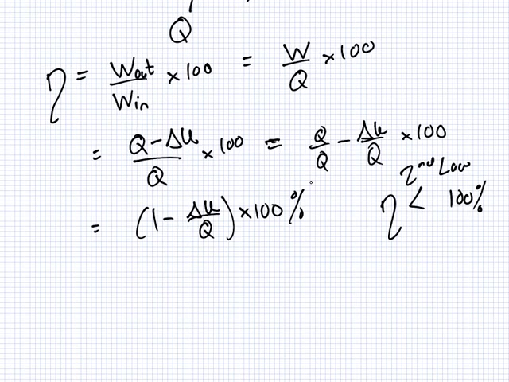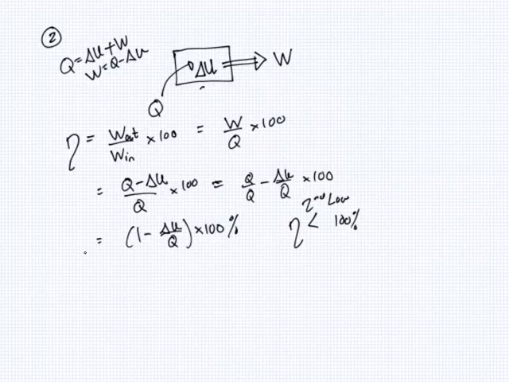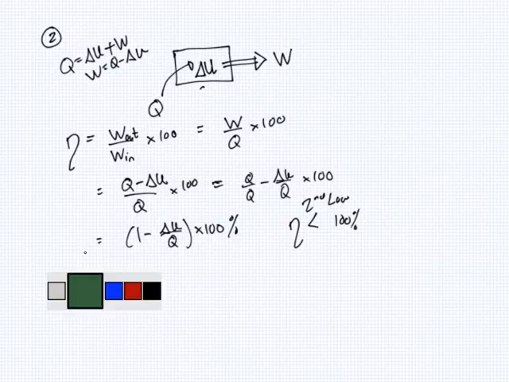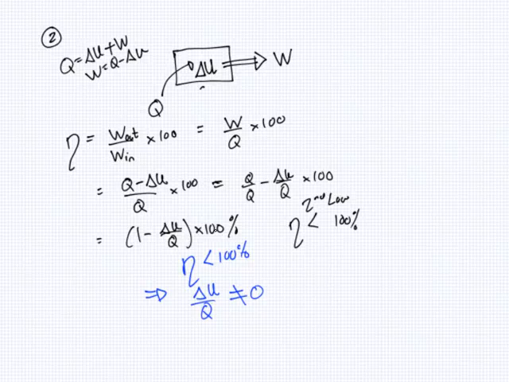What I'm about to do is not part of the question, it's just an interesting point. If you need efficiency to be less than 100%, that means delta U over Q cannot equal 0, because if it was equal to 0, then you have 100%.